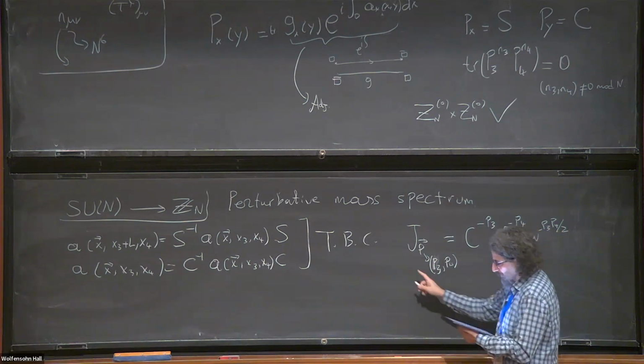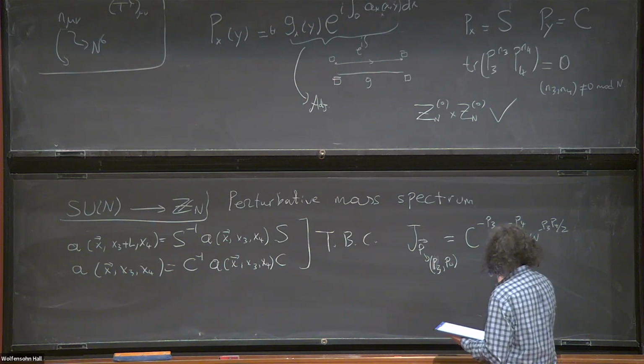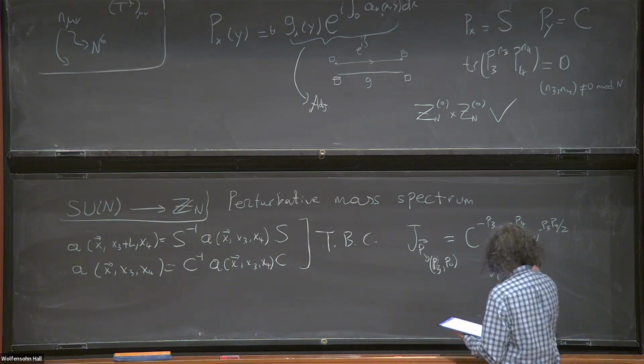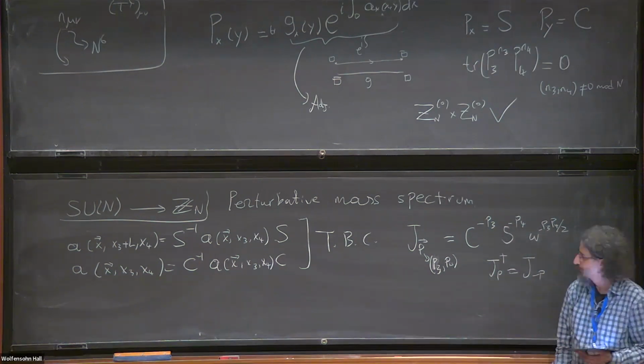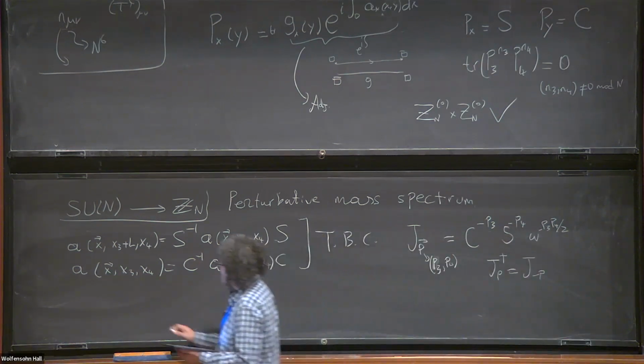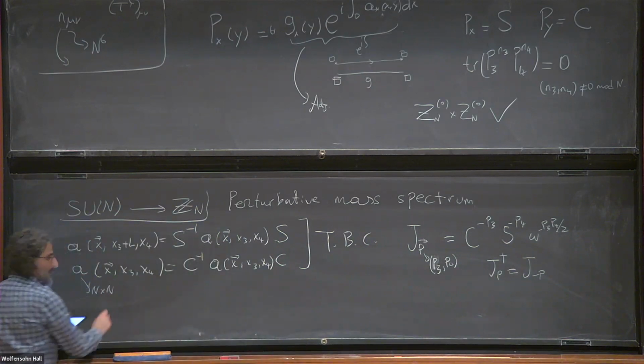So this is a two-component vector, and J sub P dagger is J minus P. This is an n by n matrix. It is a traceless n by n matrix.